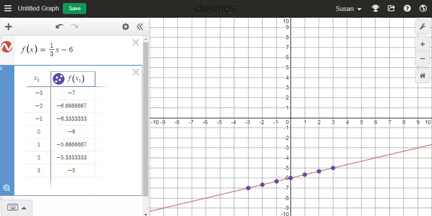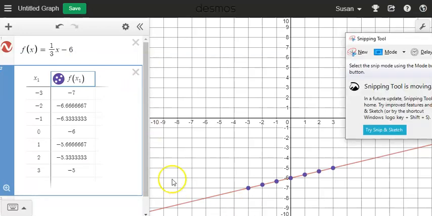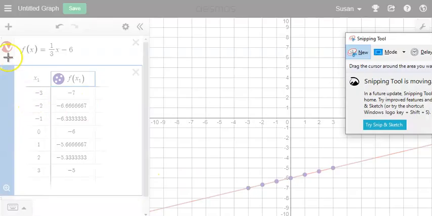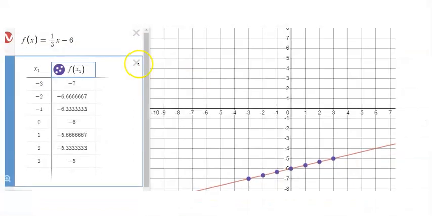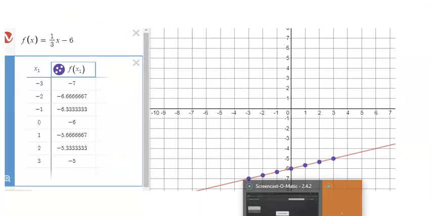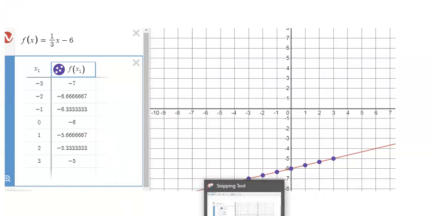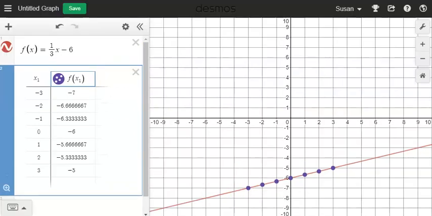So what we're going to say for the first problem is I'm going to take a snip of this. If you're on a desktop, you can snip this page. If you're on a phone, you can do a screenshot of this page. But I would like for you, if you can, to put something in here. You can also do share out and get just your graph, and that'll be okay too.